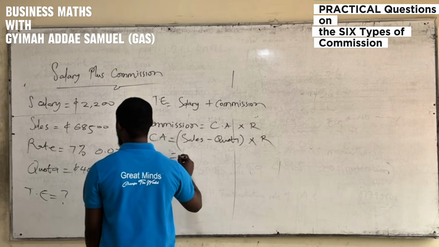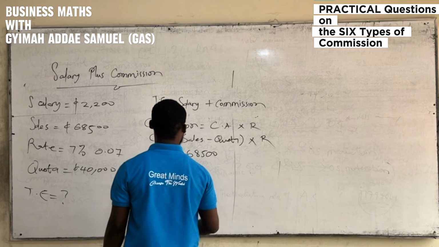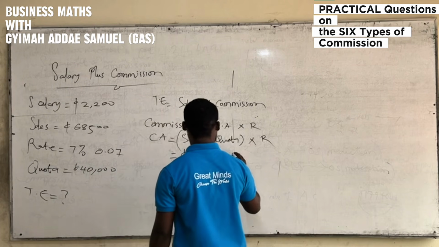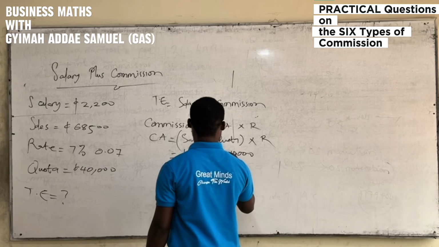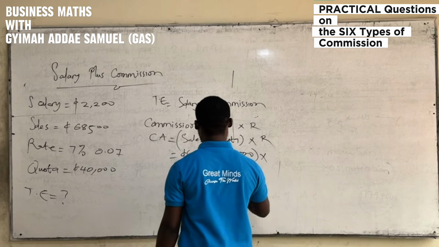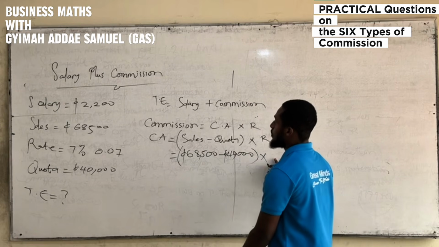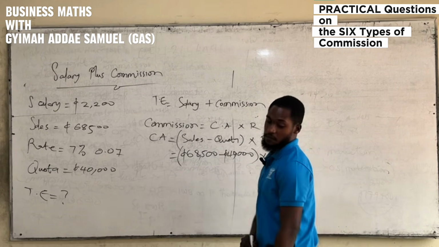The sales given was 68,500 Ghana cedis. The quota was 40,000 Ghana cedis. And the rate was given to be 0.07.